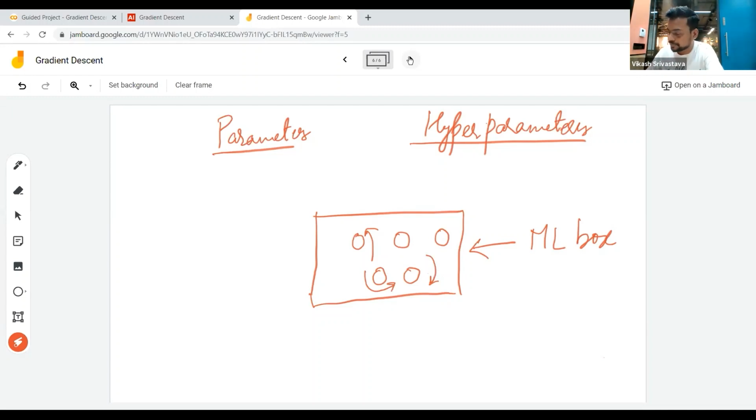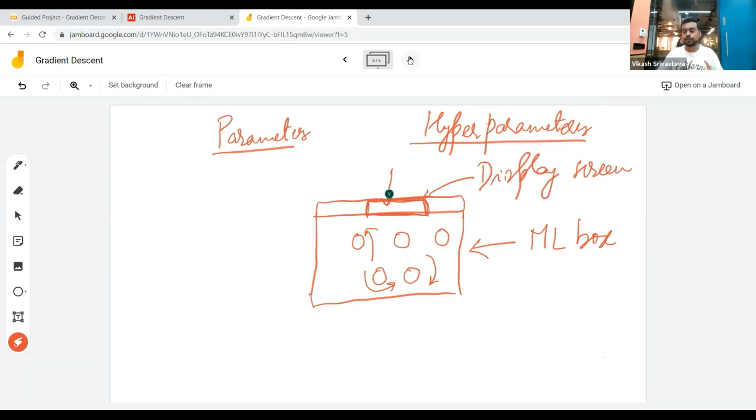And let's assume at the top of this ML box there is a display screen, on which we get the minimum of the loss function, right?